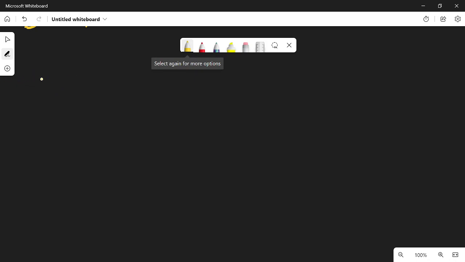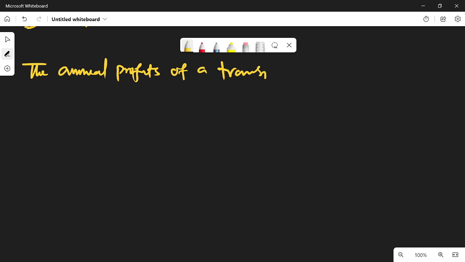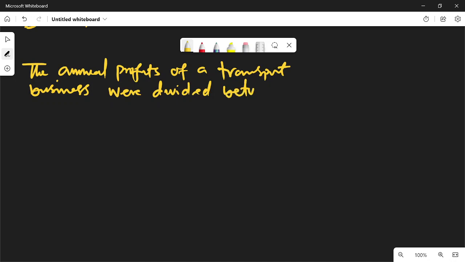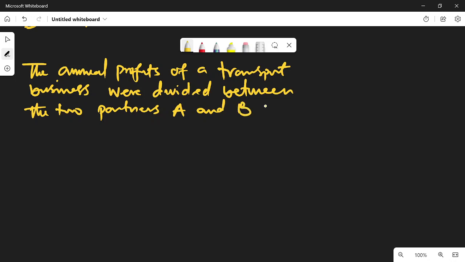1979 question number 8. The question says that the annual profit of a transport business were divided between the two partners, A and B, in the ratio 3:5.